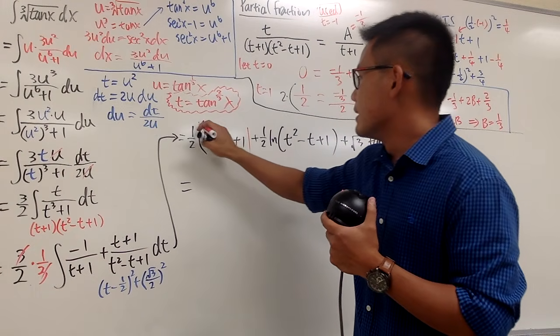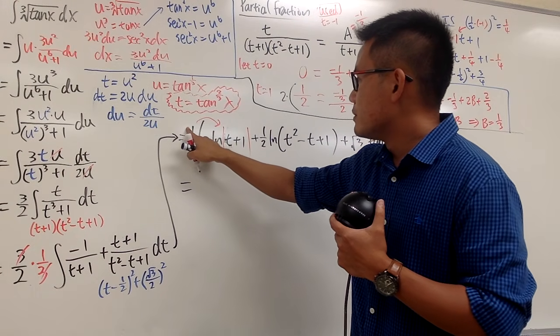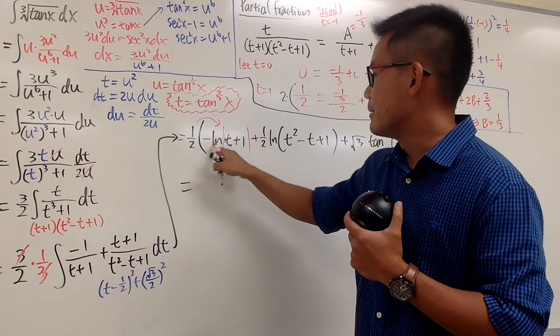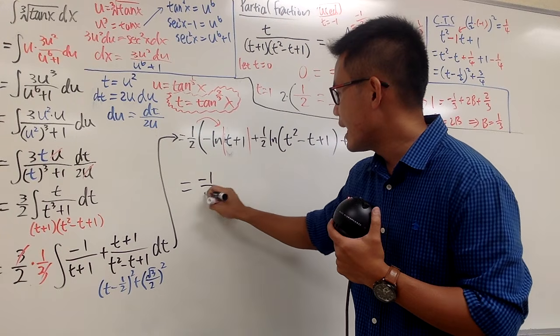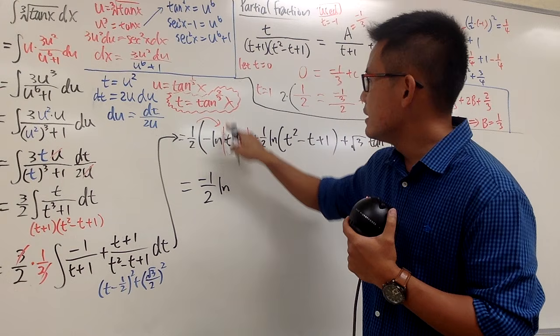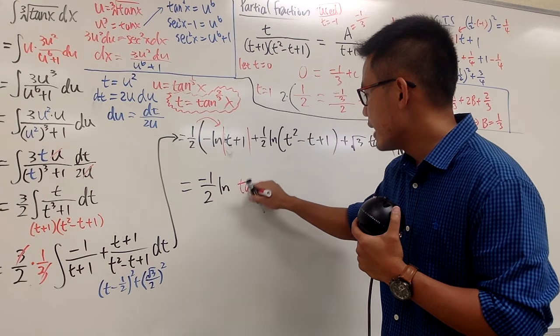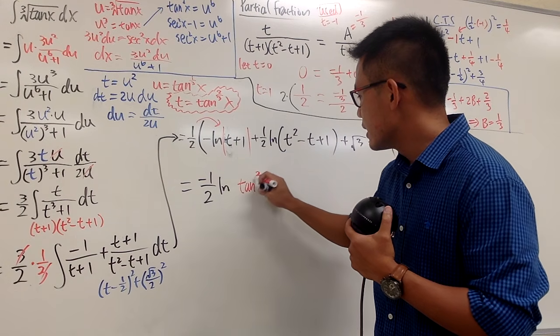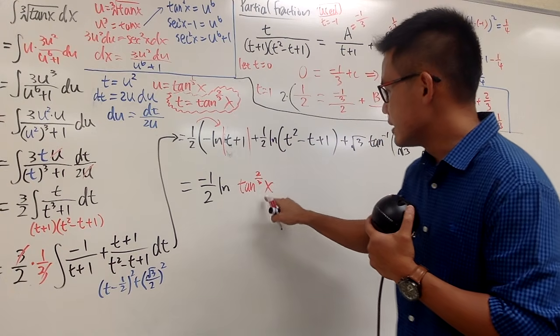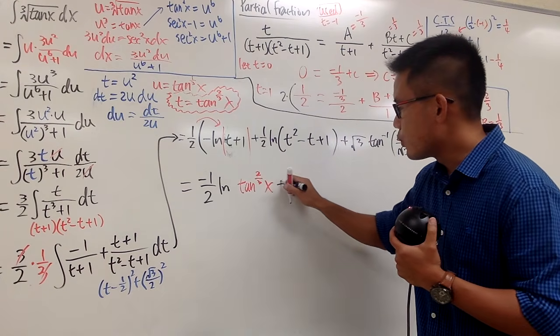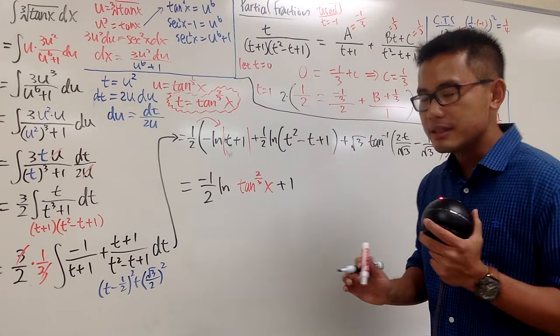Now, distribute. So we have 1/2 times that. So we have minus 1/2 ln. T is that, so let me just put down tangent to the 2/3 x. This is the t, and then I will put down plus 1. And now here's the deal.